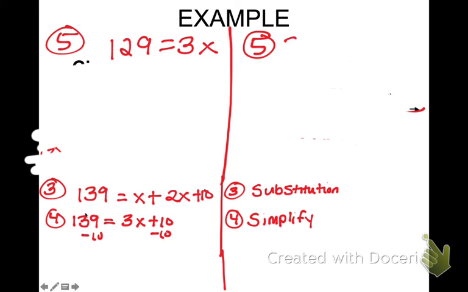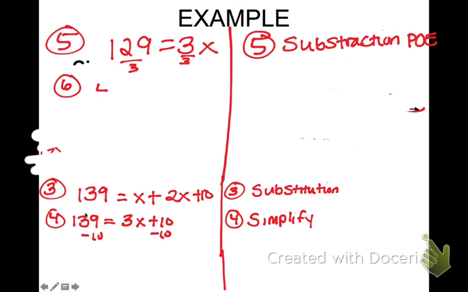So what did we do? We did the subtraction property of equality. And what's next? Divide by 3. So line 6 is going to be 43 is equal to x, which was the division property of equality.